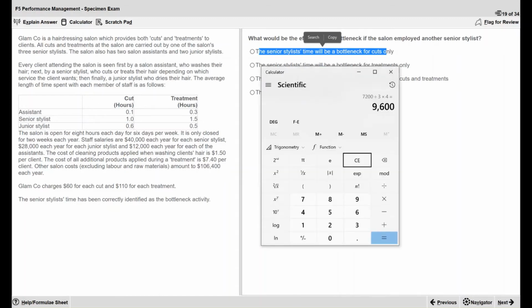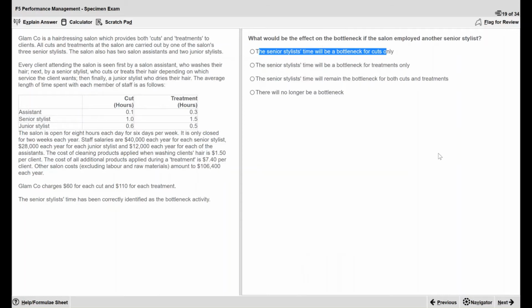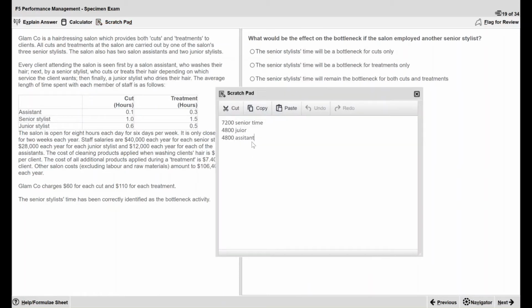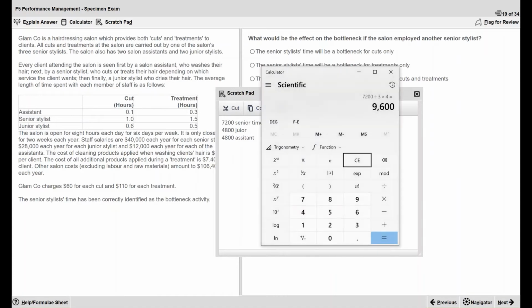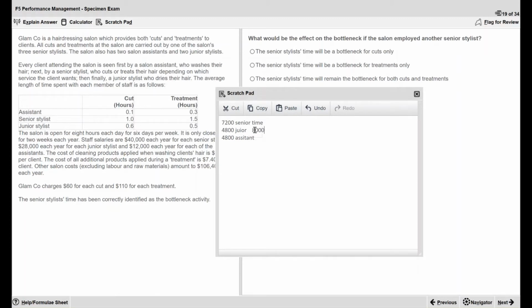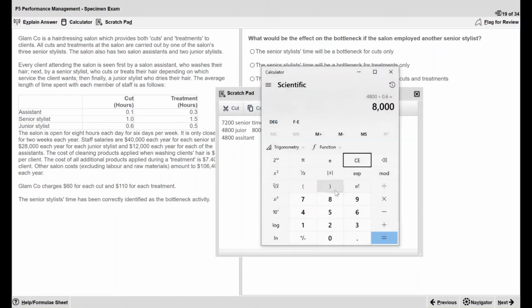Okay, let's see. If we want to see whether it still is a bottleneck or not, we have to compare it with assistants and junior stylists as well. So as we saw, we have junior stylists 48 hours. 48 hours divided by 0.60 would give us 8,000 cuts, and dividing by 0.50 will give us 9,600 treatments.